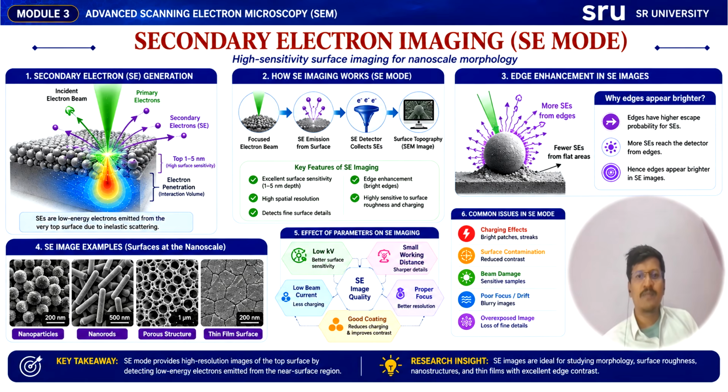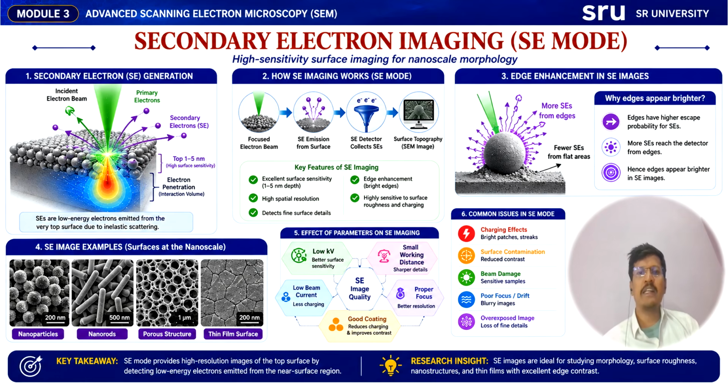To summarize, secondary electron imaging is the preferred SEM mode of operation for studying surface morphology because it offers high resolution images, excellent edge contrast, and detailed visualization of nanoscale surfaces with higher resolution.